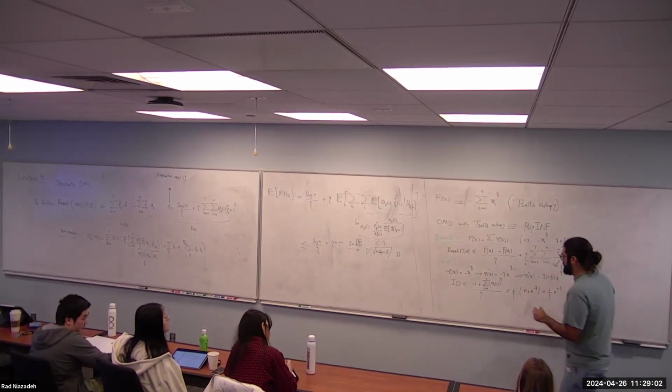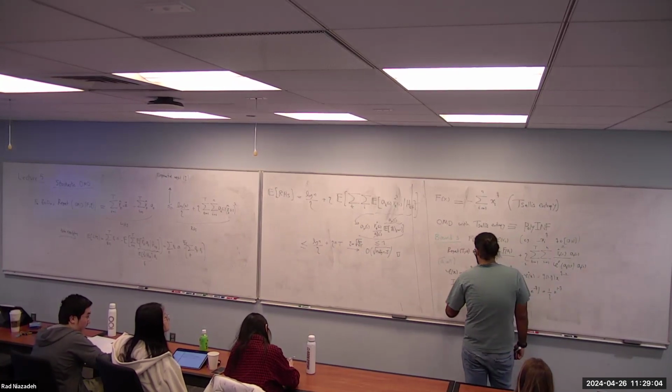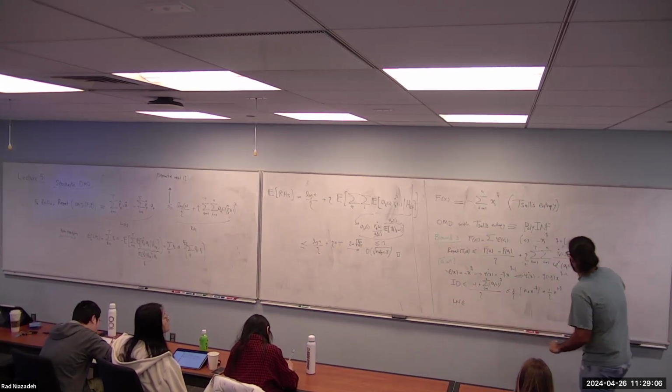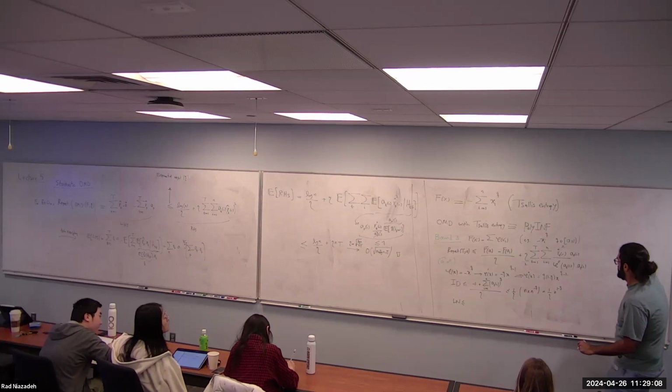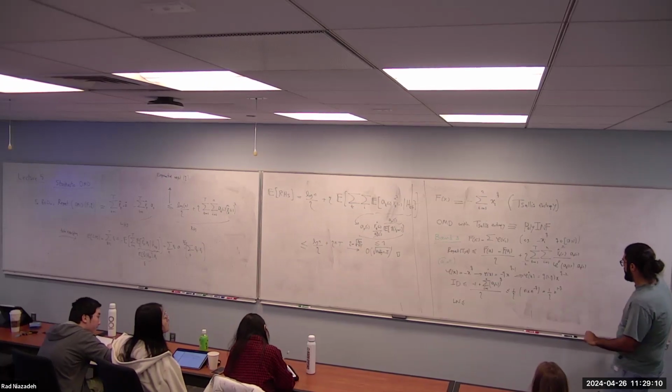So if you go with the second term, the local norm is going to be upper bounded by... I'm going to take the expectation.